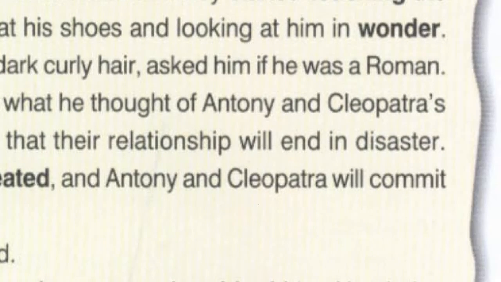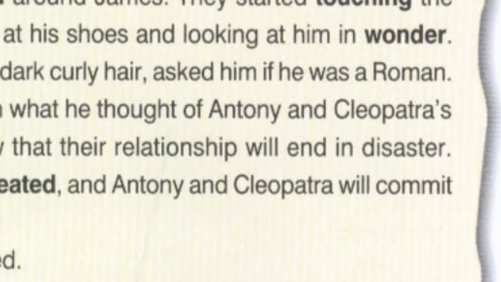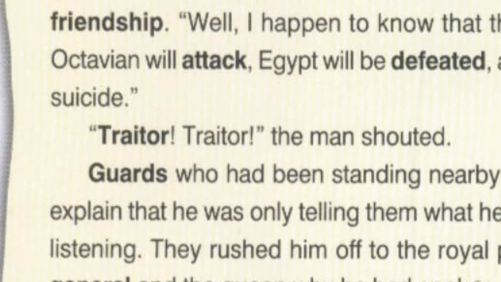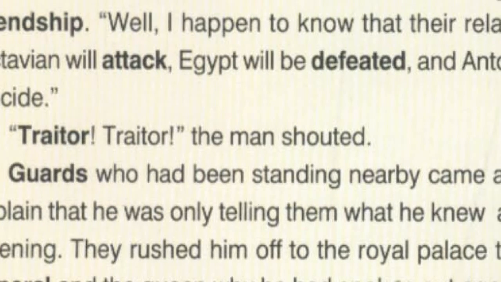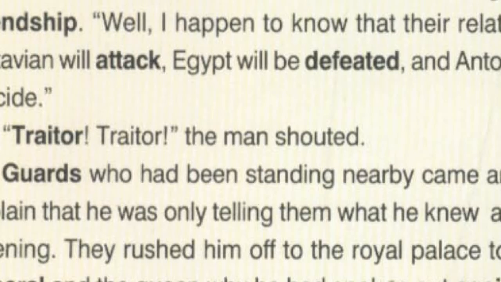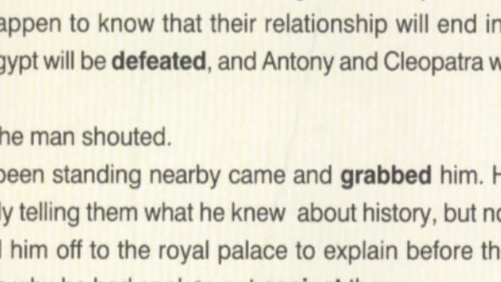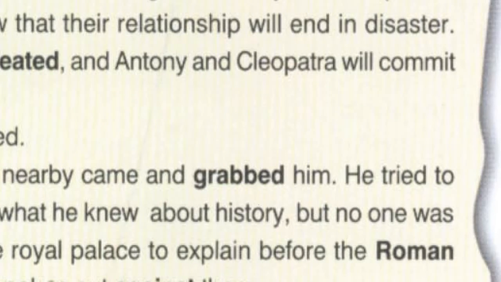Defeat means losing, or a lost battle. And okay, guys, easy. Traitor, to betray a friend or maybe a country. A traitor is a person who betrays a friend or a country. Grab, to get a hold of something suddenly.